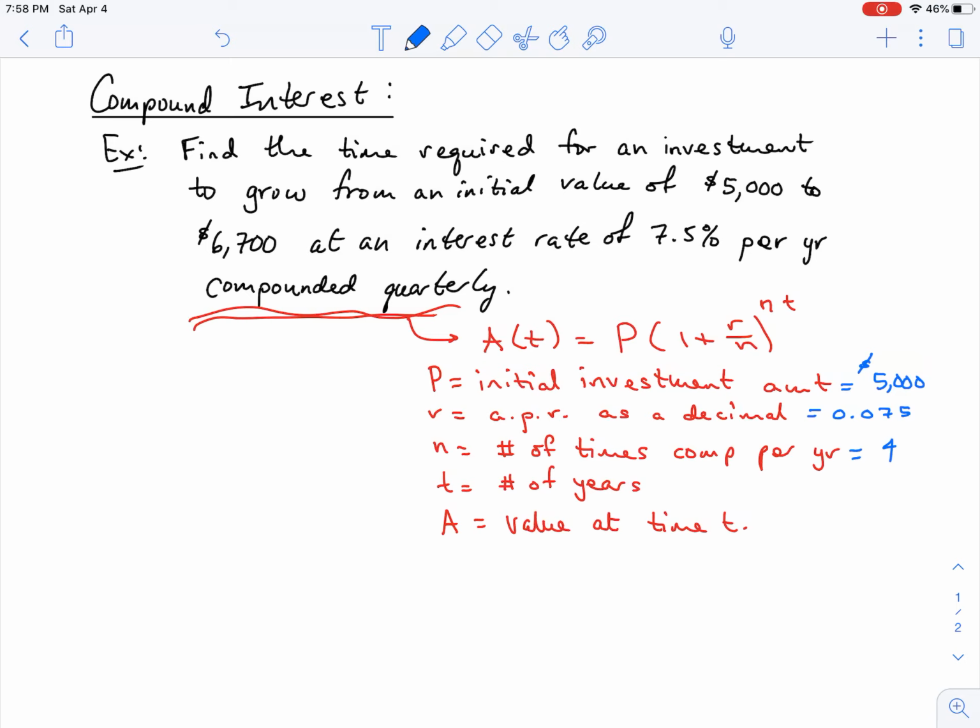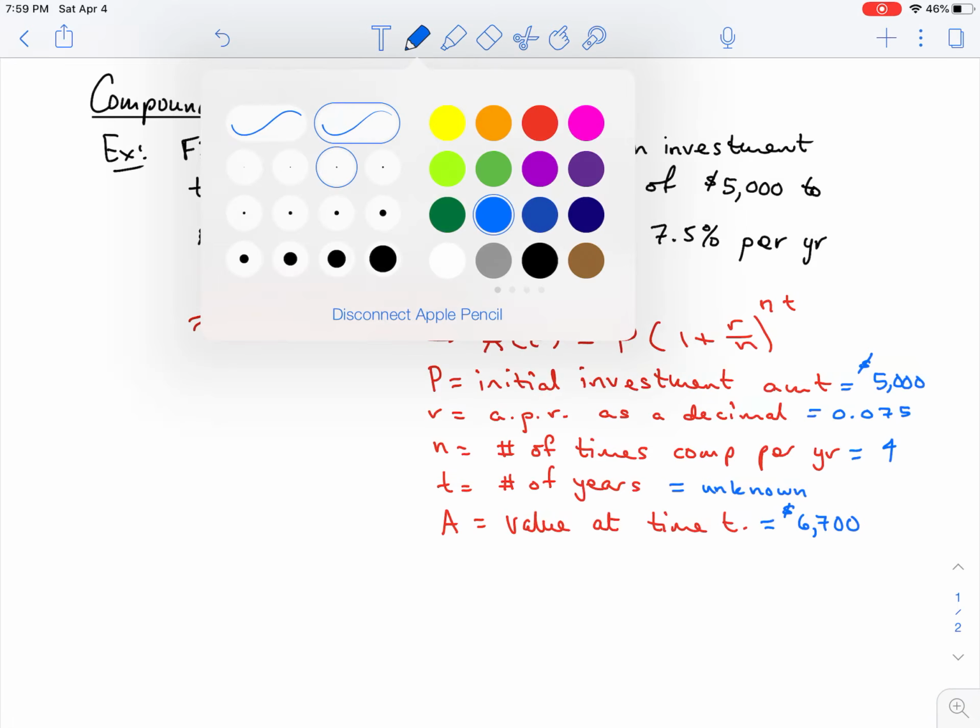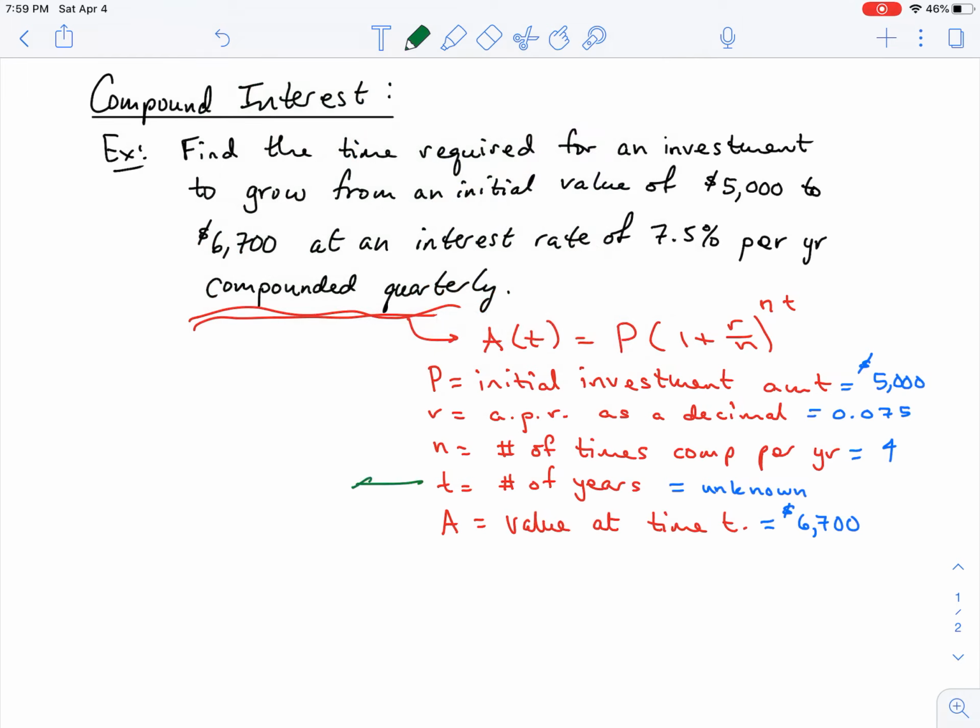The number of years is unknown. And the value at time t will be 6,700. So since the input is unknown, this means we are solving.